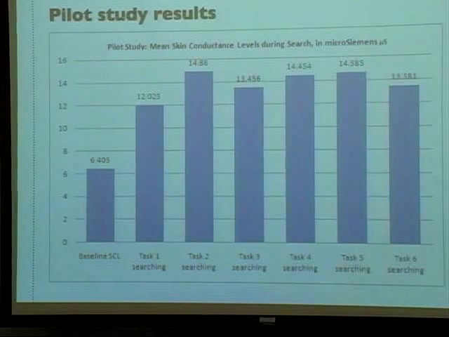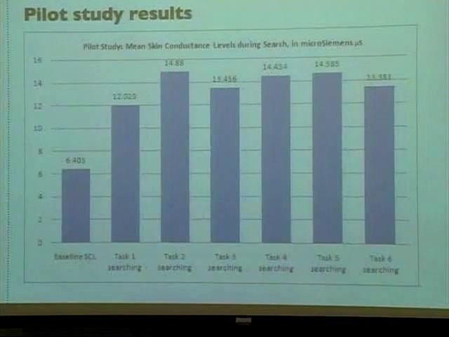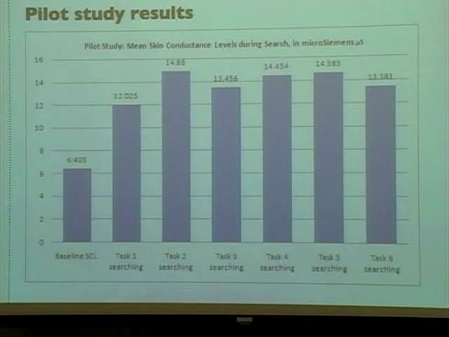If you recall, the three interfaces we had were the blank interface, the broken interface, and the advanced interface. And we were looking for some type of correlation here, and we really found none. For instance, task 1 and task 4, we used the blank interface, and there doesn't seem to be any correlation there.